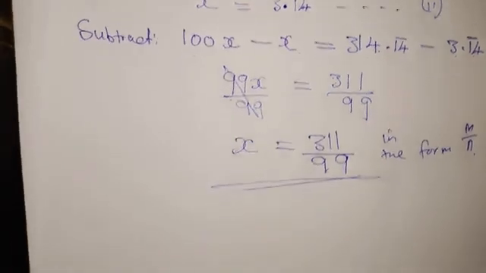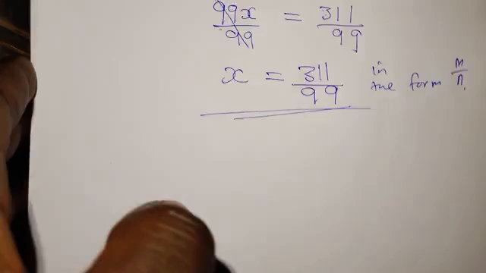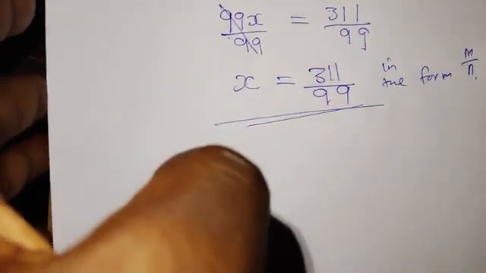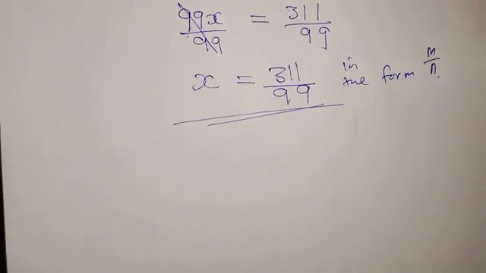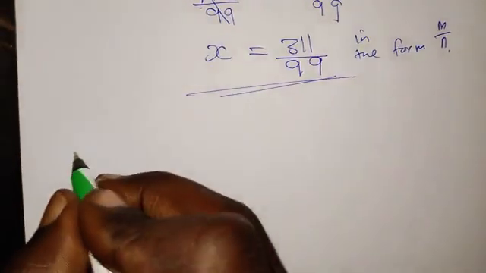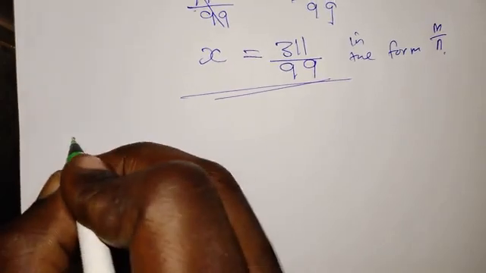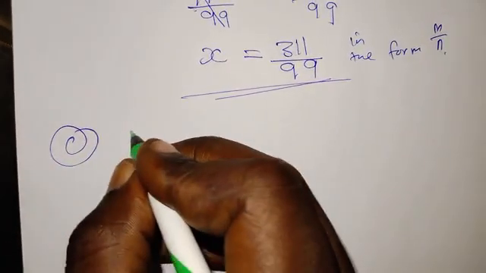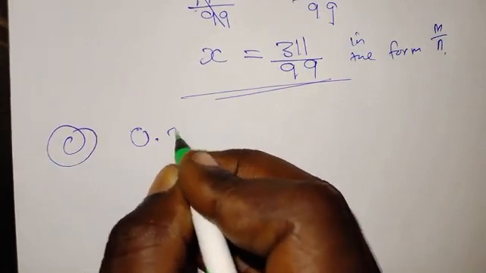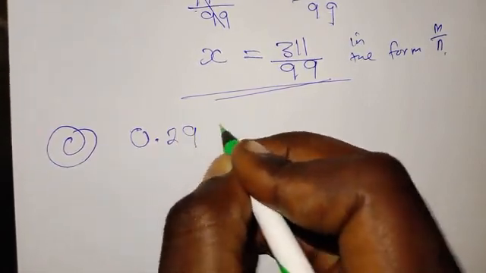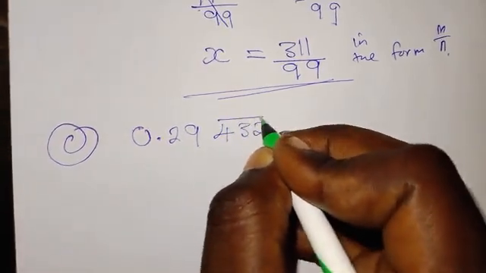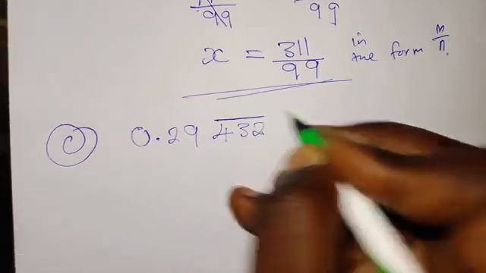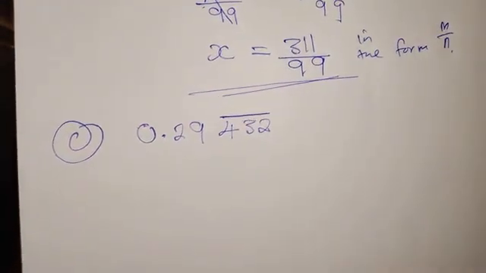Okay, so the last one, but not the least, we have C, which is expressing 0.29432. The bar is running from 4 to 32. You have to be very careful with this one.